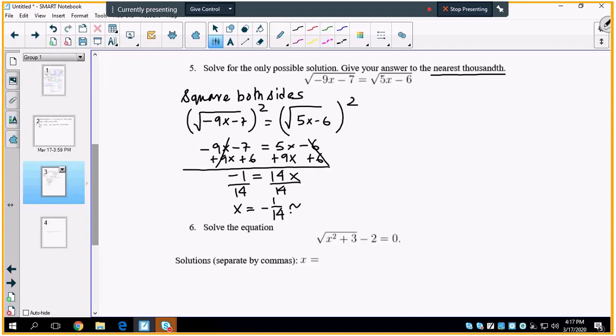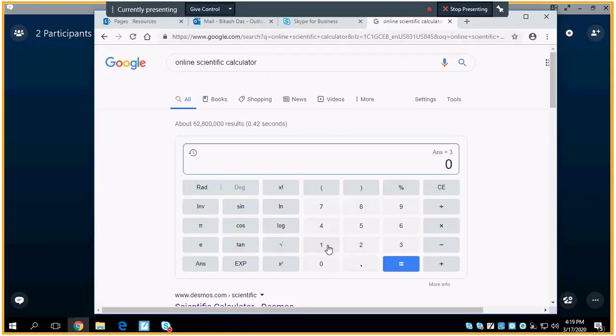Which now, you remember, I'm going to use my calculator to round to 3 decimal places. Our problem is dividing 1 by negative 14. So I look at the 4th decimal place, which is 4, and that is less than 5.